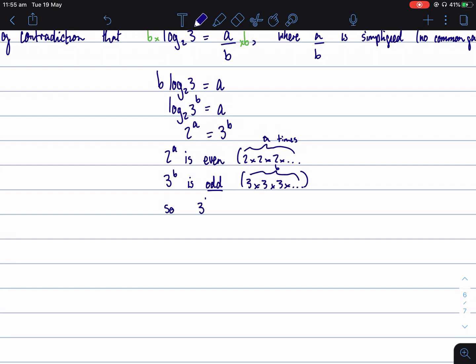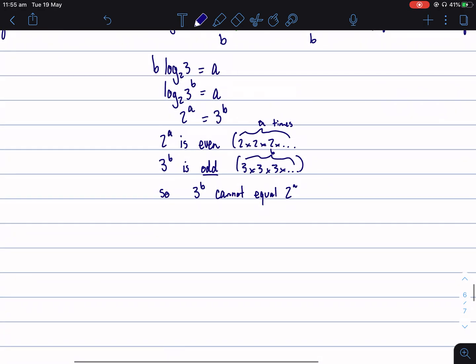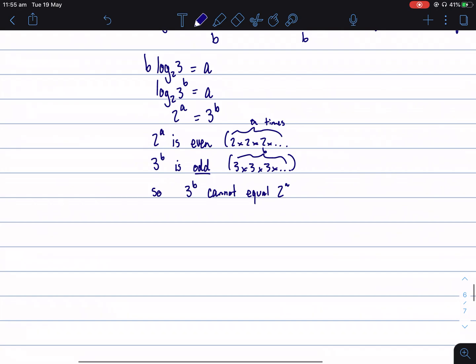So 3 to the b cannot equal 2 to the a because 3 to the b is always odd, because an odd times an odd is an odd.